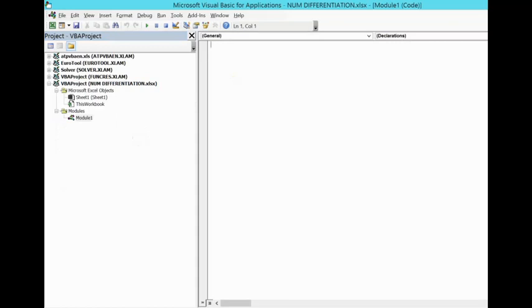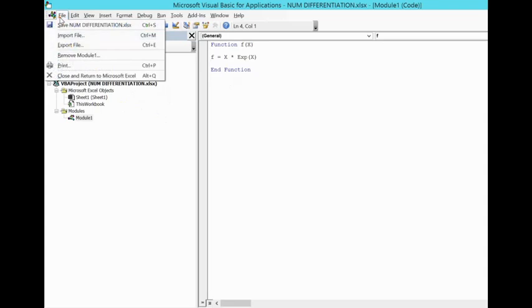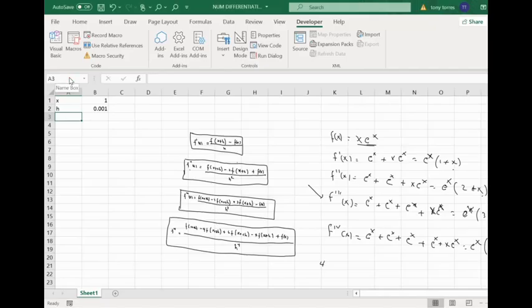Let's see if this works. Function f, and that function will be a function of x. What will be the function? F equals x times the exponent of x, and that will do. Let's see if I close and return back. That should be there.